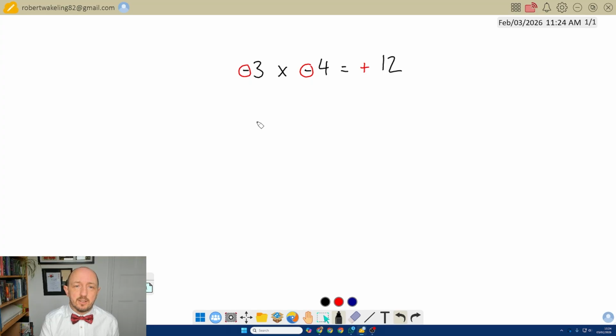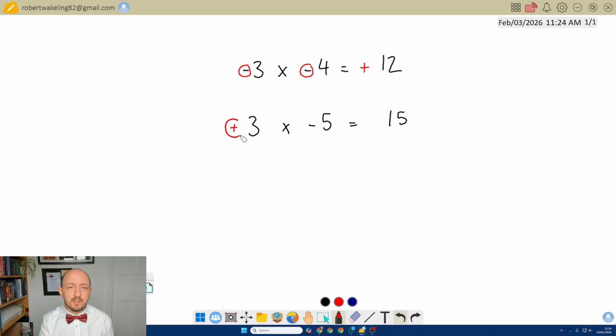So let's do 3 times minus 5. Ignore the signs and just do the numbers. 3 times 5. Let's get that part first. And then, well, what have we got? We've got something times a minus. Well, there's an invisible plus sign in front of this 3.